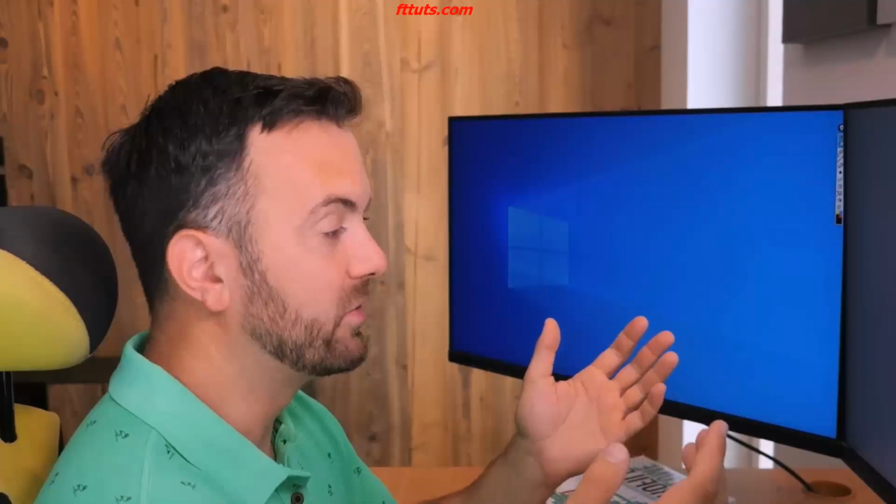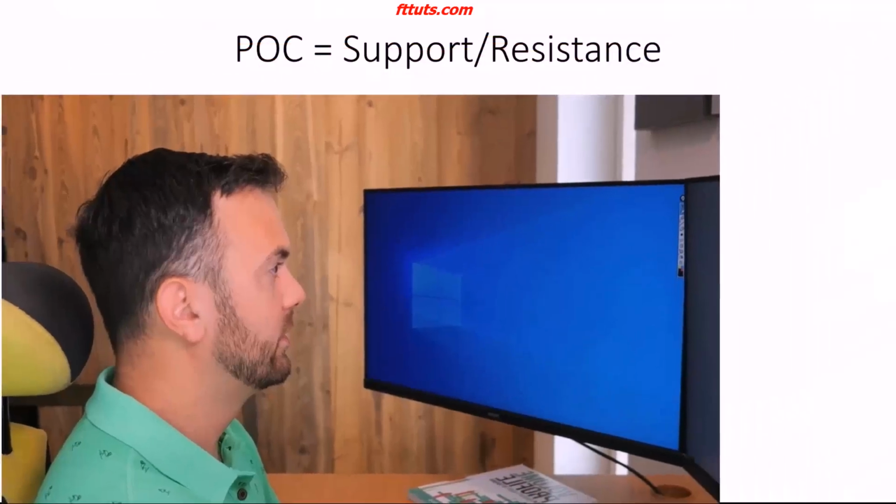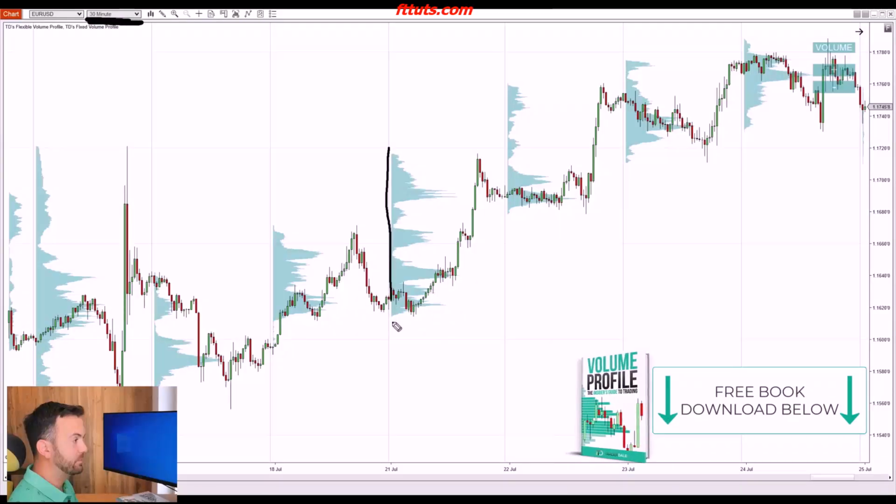And if you are an intraday trader, then you'll probably be interested in a daily point of control. You'll be trading that. If you are a long-term trader, then probably it's going to be, for example, a yearly or monthly point of control. Let me actually show you. Let me go to the chart. All right, so this is an intraday chart, a 30-minute time frame. If you look here, I have daily profiles, right?